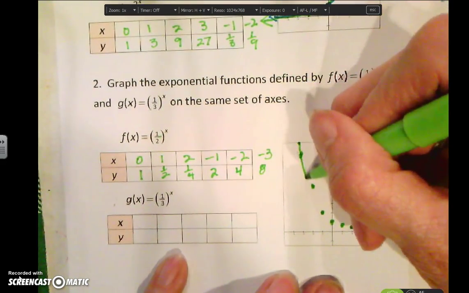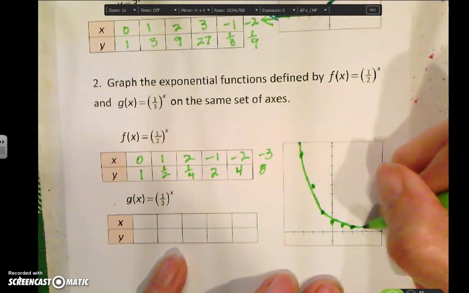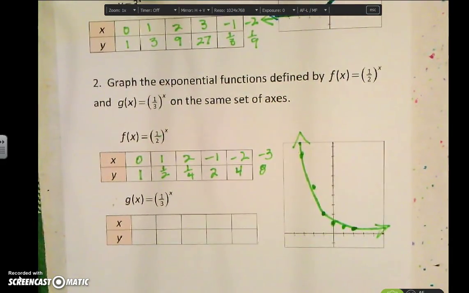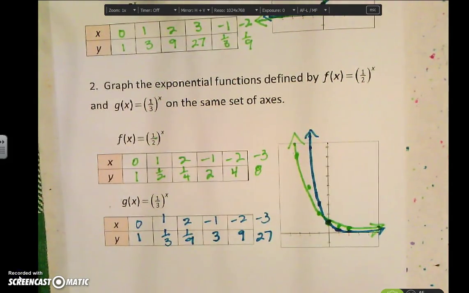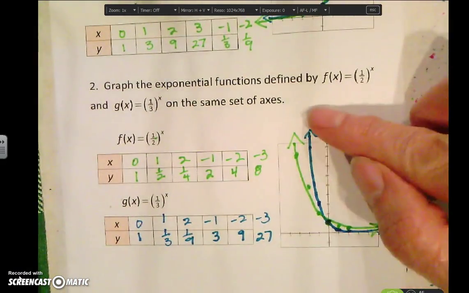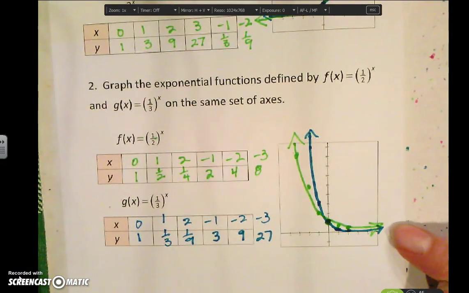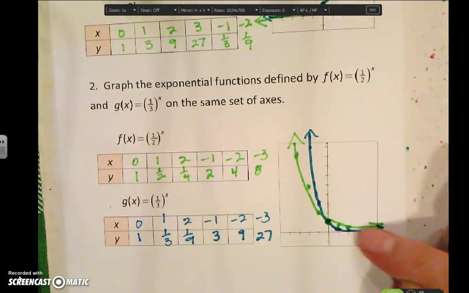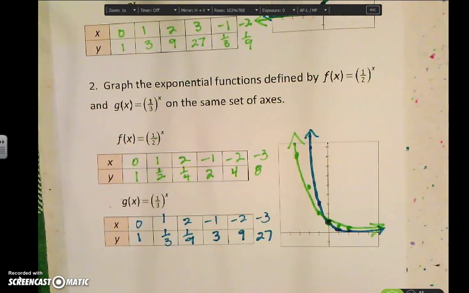So this time the line is going to move this direction. You can kind of guess that the line g of x equals 1/3 to the x is going to look along the same way. So I'm going to stop it and graph it. So again, here we have it. When I had 1/3 to the x, it has the same shape as the 1/2 to the x. It just goes up faster on the left and goes down faster on the right.